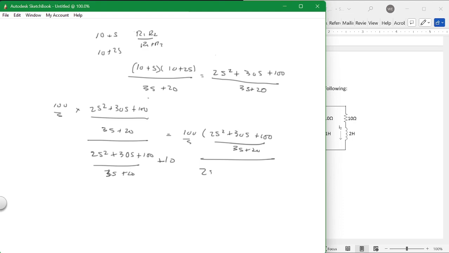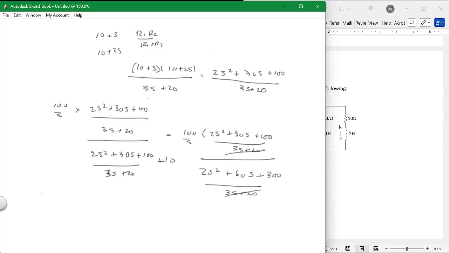So I've got 2S squared plus 30S is 60S, plus 10 times 20 is 200. Now I've got 100 and I've got 200, so I've got 300 over 3S plus 20. Everybody see how I did that? 3S times 10 is 30S, add to the 30S gives you 60S. 10 times 20 is 200, add to the 100 gives you 300. Now these cancel, and now you've got something you can actually use.